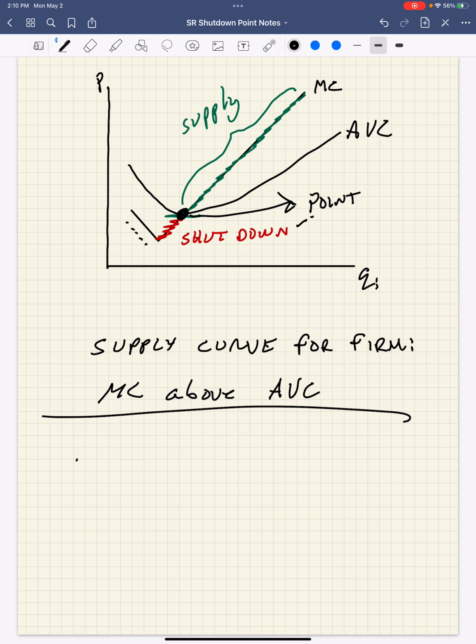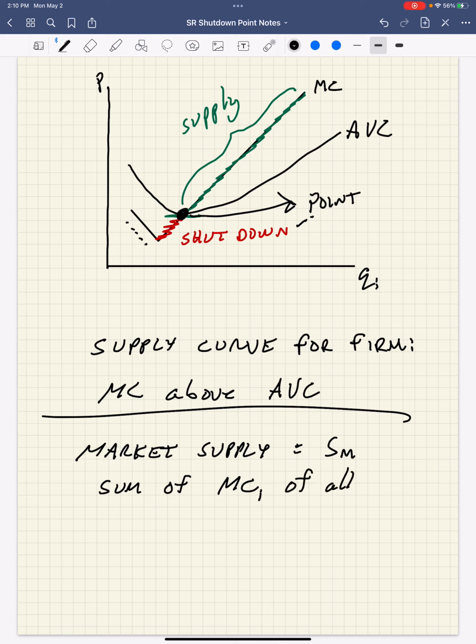So when we talk about the market supply, let's call that S sub M, it's going to be the summation of the marginal cost curves, summation of marginal cost of all firms in the industry.